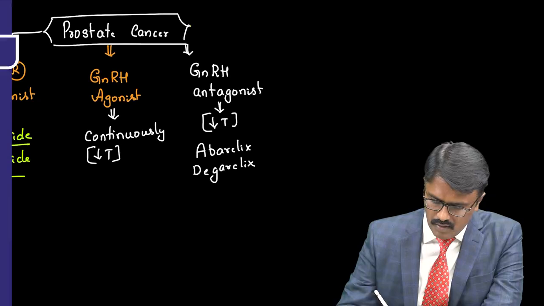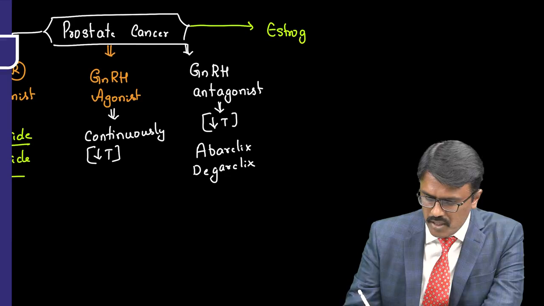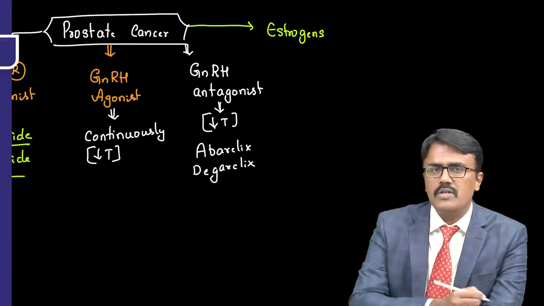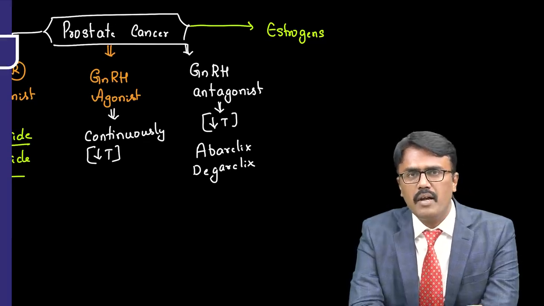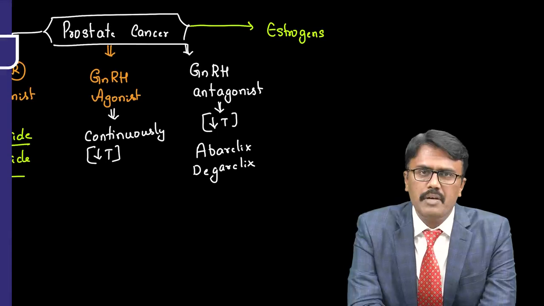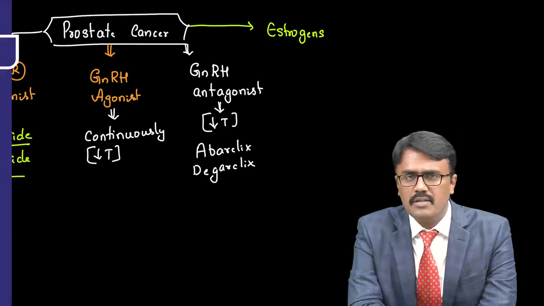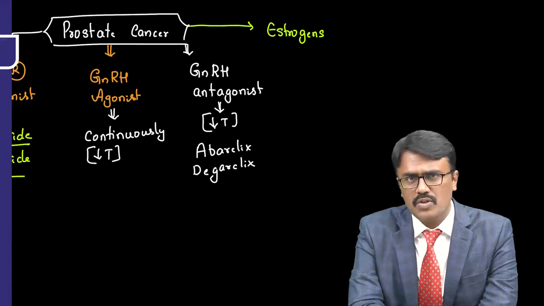Now in older days, estrogen preparations were used in prostate cancer because estrogen was thought to decrease the secretion of the pituitary hormones LH and FSH through negative feedback. So estrogen was producing negative feedback on FSH and LH, decreasing the release of FSH and the synthesis of testosterone.